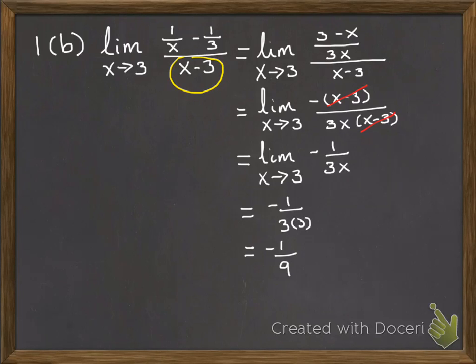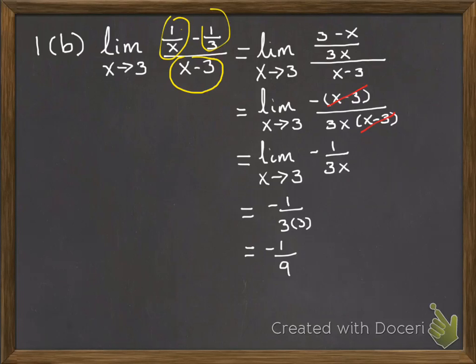One way to simplify is to combine these two expressions using a common denominator. The least common denominator will be 3x. So you multiply the top and the bottom of 1 over x by 3, and 1 over 3 by x, top and bottom. You will get 3 minus x over 3x.